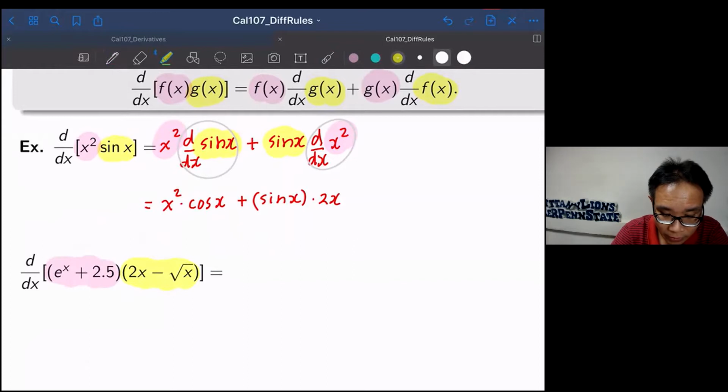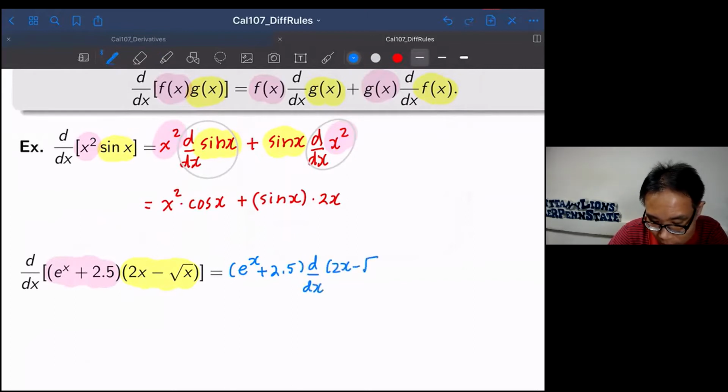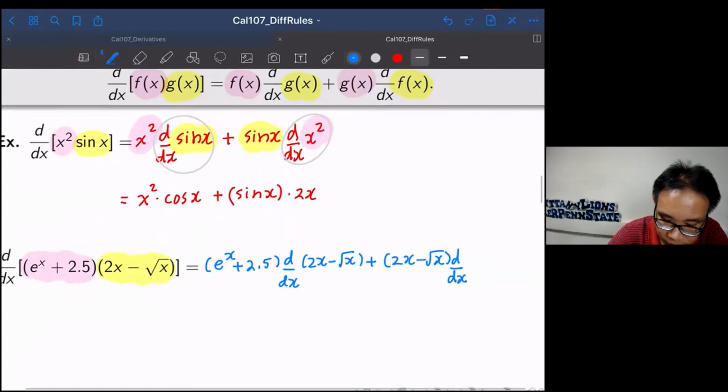In this case, it's going to be the first times the derivative of the second, plus the second times the derivative of the first.